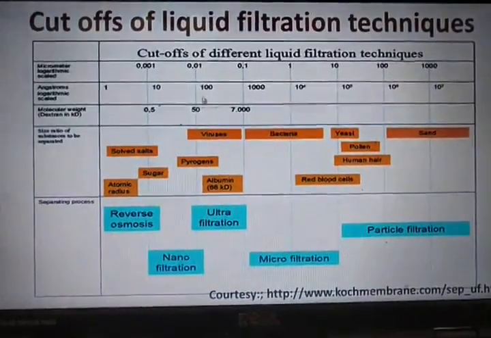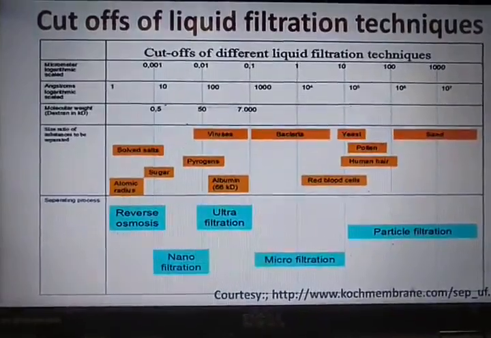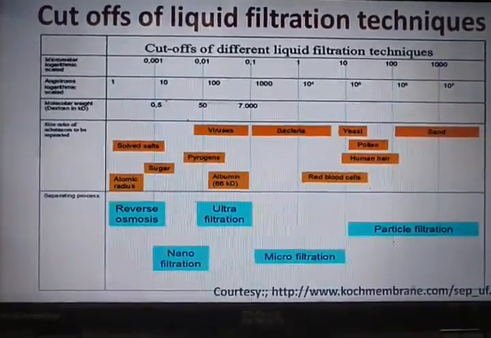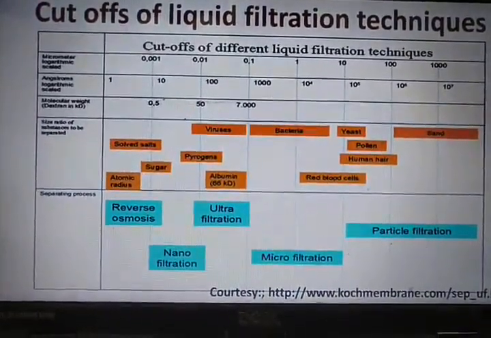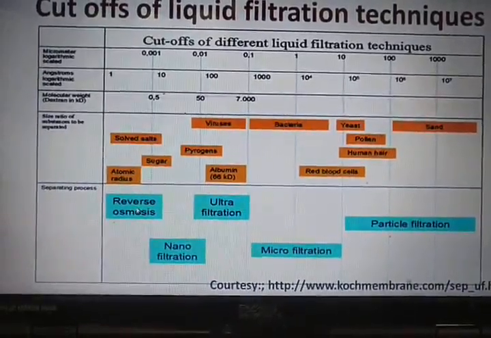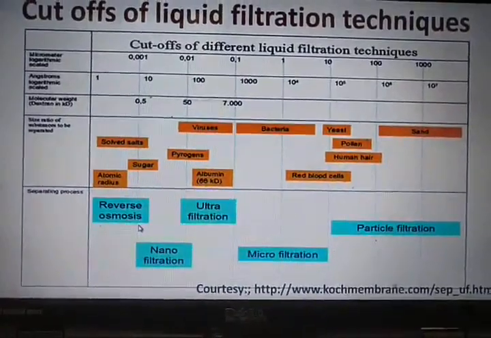If it is in the range of 0.01 to 0.001, we call it nanofiltration. If it is even less than that, we call it reverse osmosis. That means it follows the order of particle size, and reverse osmosis comes last based on the pore size classification.